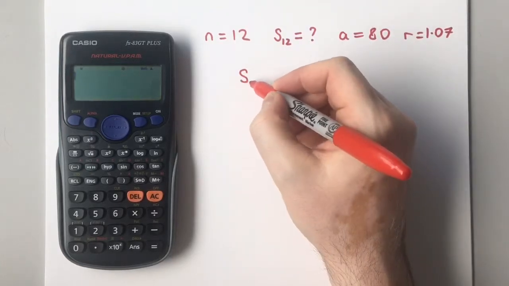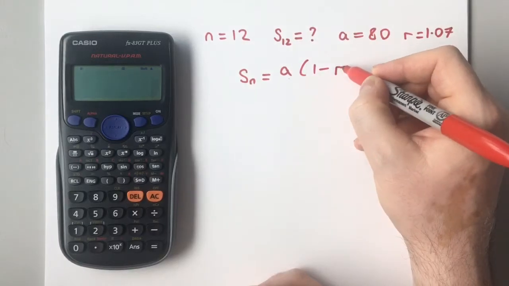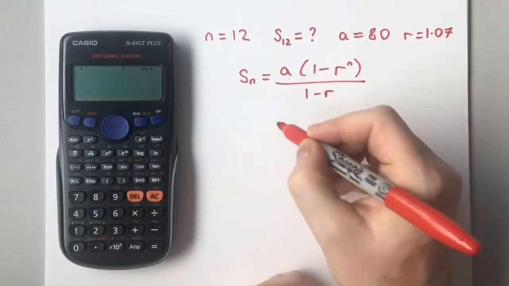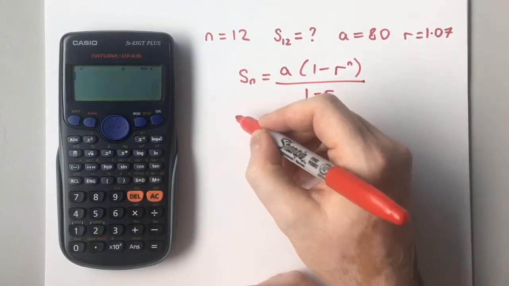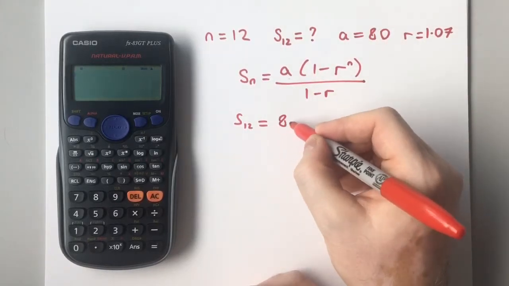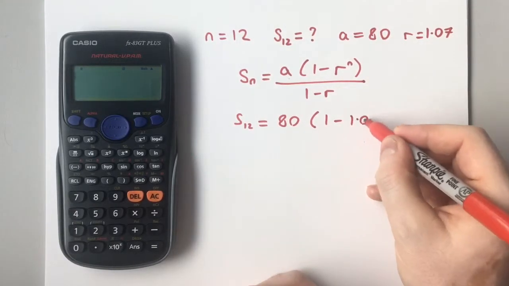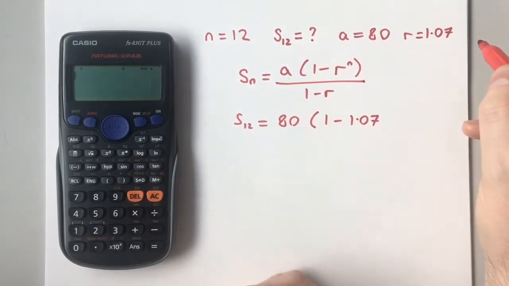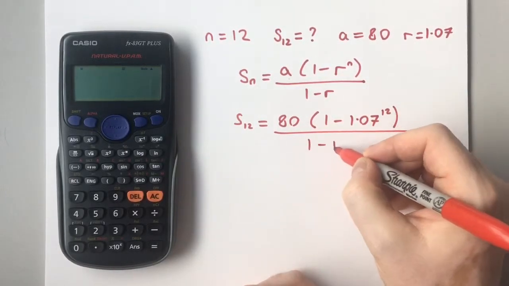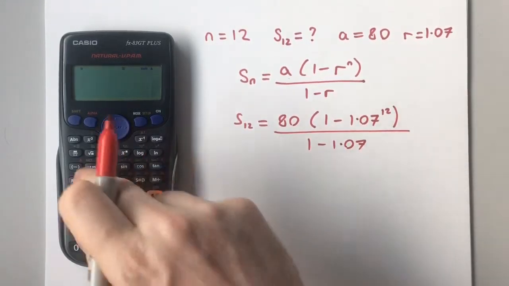We need the formula Sn equals A brackets 1 minus R to the N, all divided by 1 minus R. If we substitute our known values in to find the sum up to 12, A is 80, R is 1.07, N is 12, and R once again is 1.07.